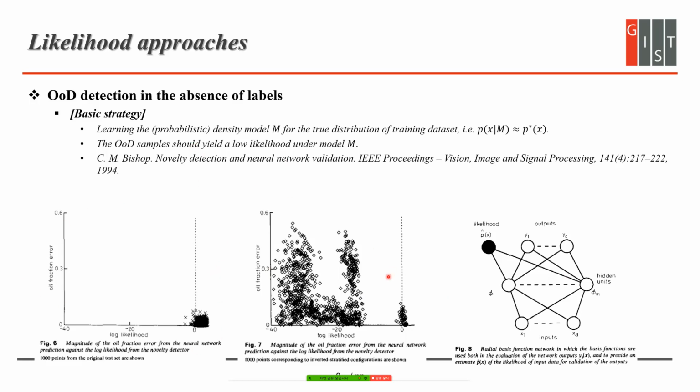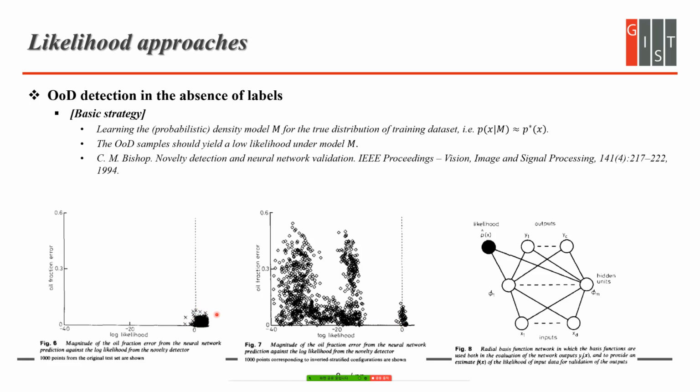When comparing, this x point is the in distribution data set, and we take likelihood values from the in distribution data set and also test the likelihood values of the outlier samples, and we could definitely find that the distribution of the likelihood values is different from the in distribution data set.